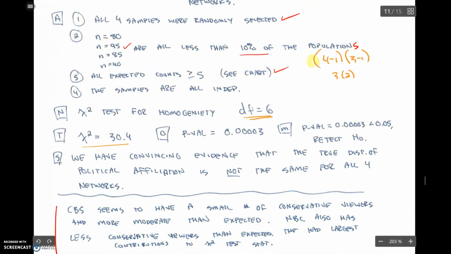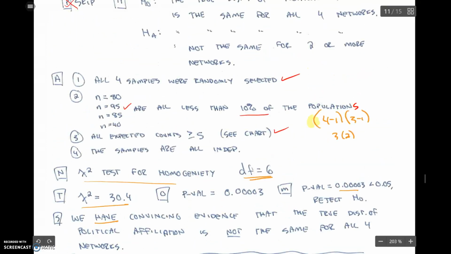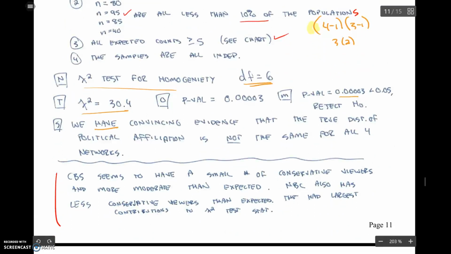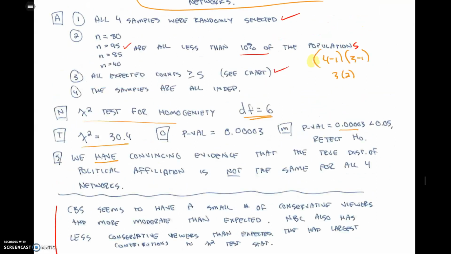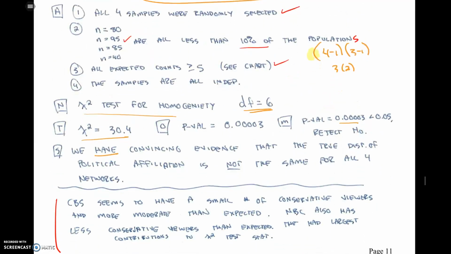Again, we don't have to show the formula if we don't want to, because we name the test. Our p-value is much less than 0.05, so we're going to reject the null. Means we have convincing evidence that the true distribution of political affiliation is not the same for these 4 networks, for the population viewerships of these 4 networks. I could probably word that a little better, but it's good enough.